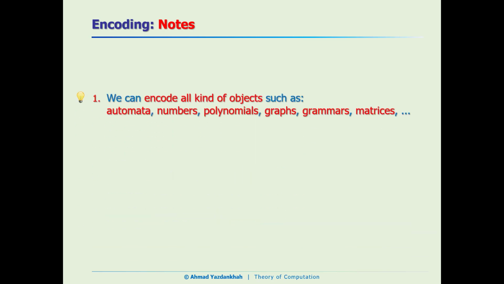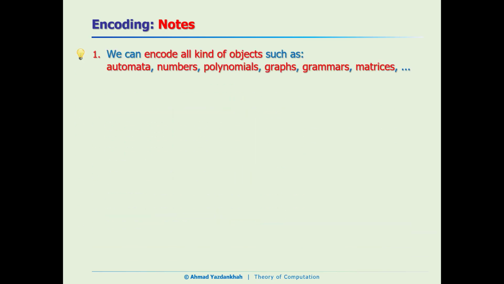Now let me give you some notes here, very important notes actually. By this technique, we can encode everything, all kinds of objects. For example, any kind of automata, any kind of number, any kind of polynomials, graphs, grammars, matrices, and so on.